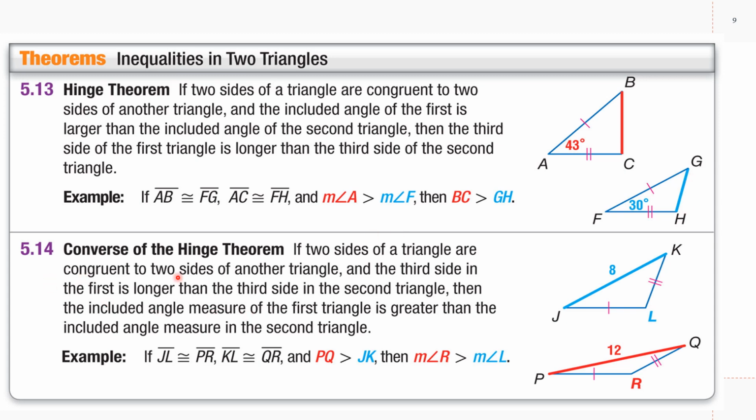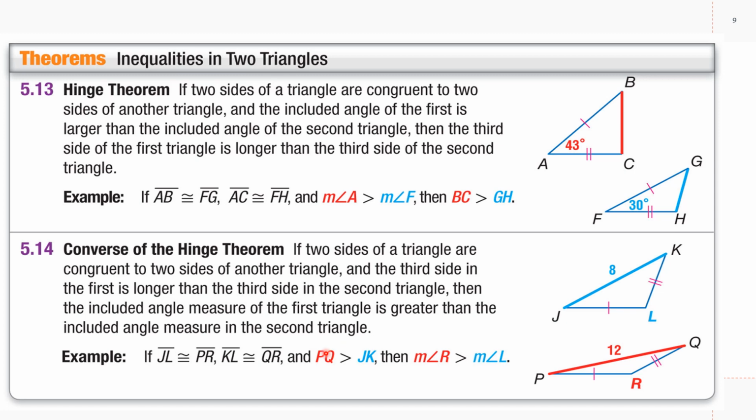For the converse of the Hinge theorem, if two sides of a triangle are congruent to two sides of another triangle and the third side of the first is longer than the third side of the second triangle, then the included angle measure of the first triangle is greater than the included angle measure in the second triangle.